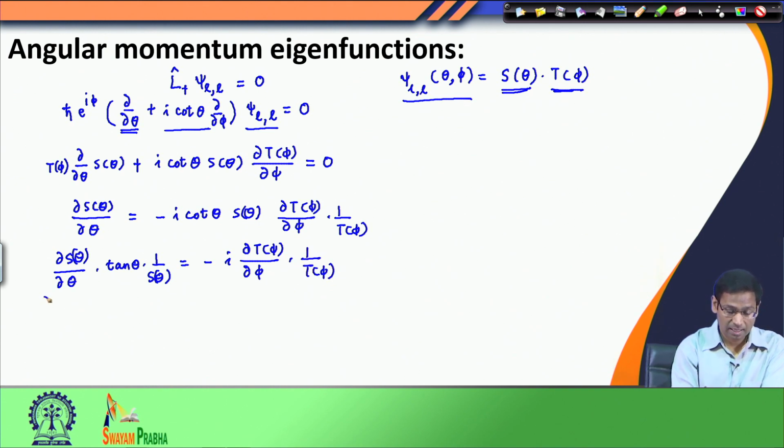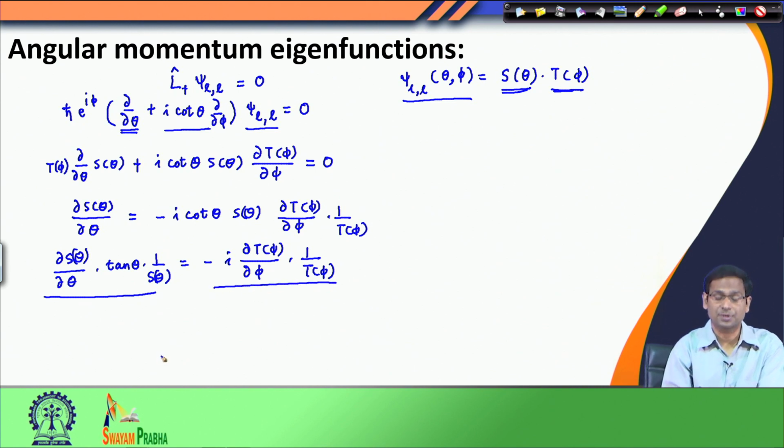So, you see I can actually separate all the theta terms onto one side and all the phi dependent terms on the other side. But there is something interesting here. The left hand side has only theta terms, the right hand side has only phi terms, but the left hand side and right hand side are equal. Since the left hand side depends on one variable and the right hand side depends on another variable, and they are equal, both must be equal to a constant, because unless they are constant we cannot satisfy this relation.